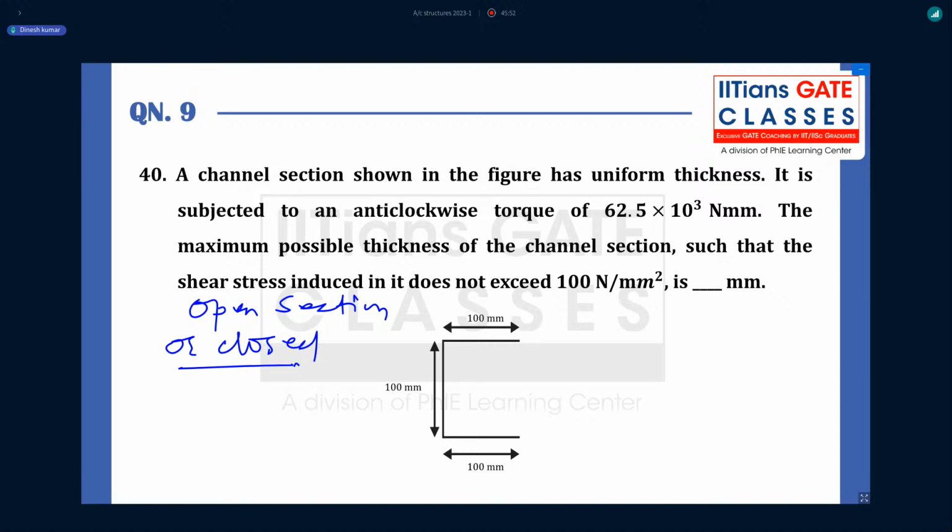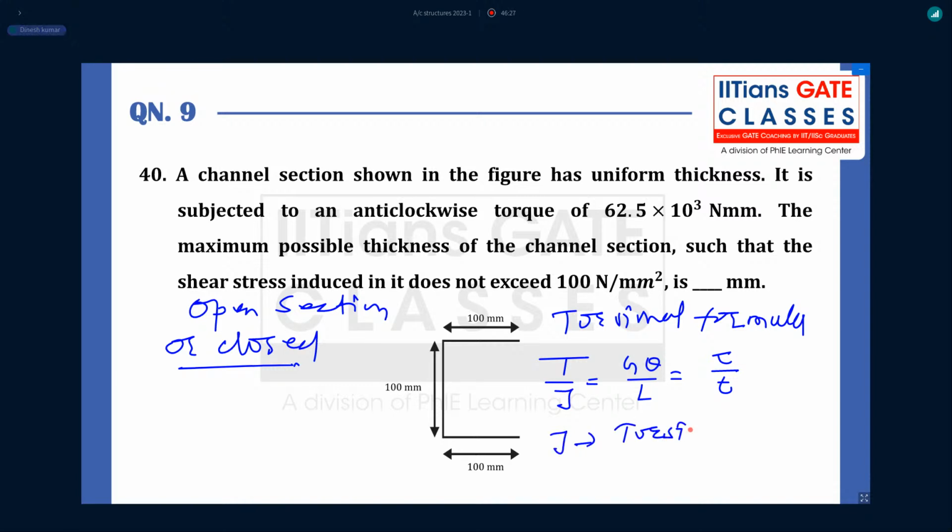And we know the torsional formula for thin walled open section: T by J equals G theta by L equals tau by t. Here J is the torsional constant.